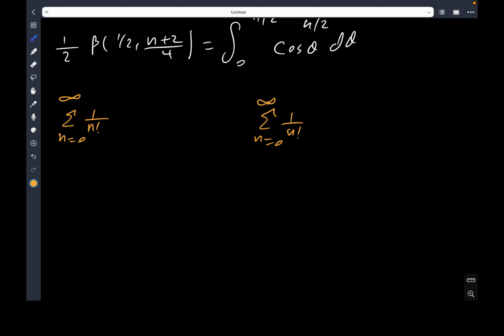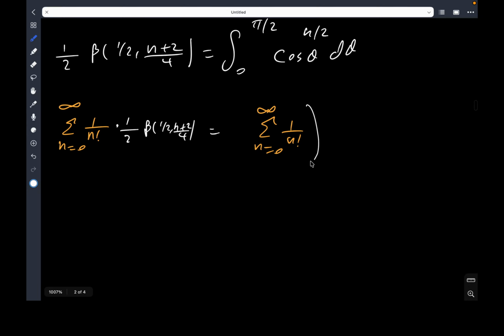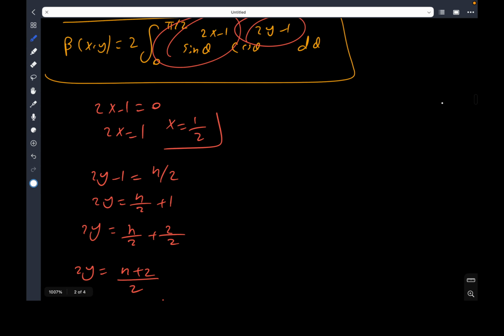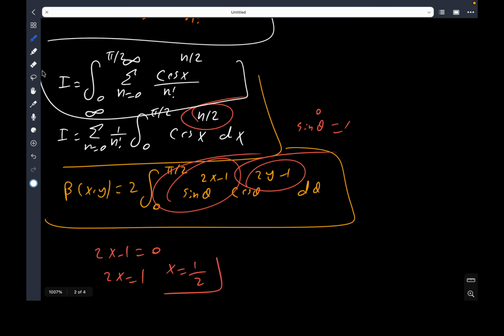So you're going to see half times beta of half, n plus 2 over 4 equals the infinite sum multiplied by the integral of cosine of theta to the n over 2 d theta. And notice that this term right here is exactly the integral that we were trying to solve here.